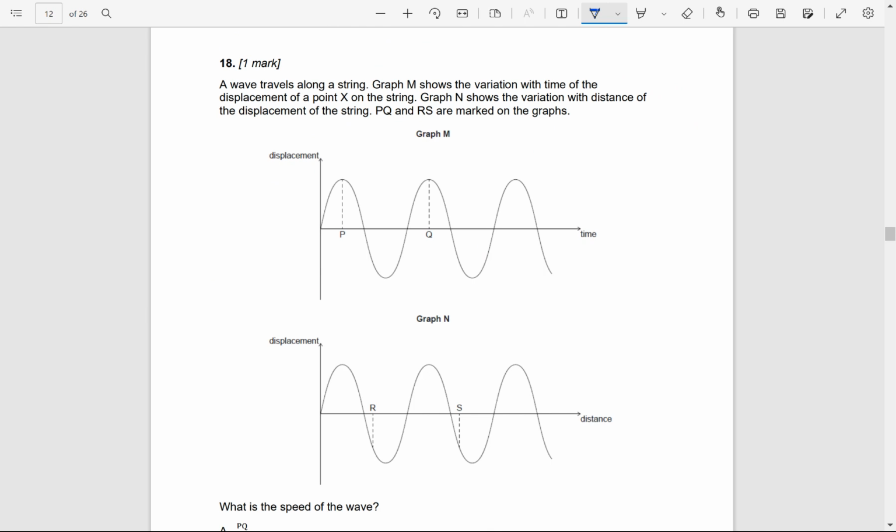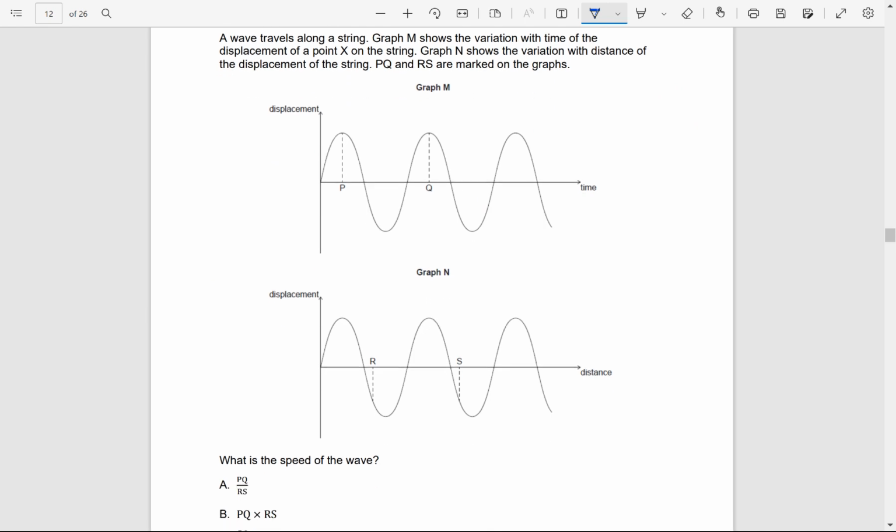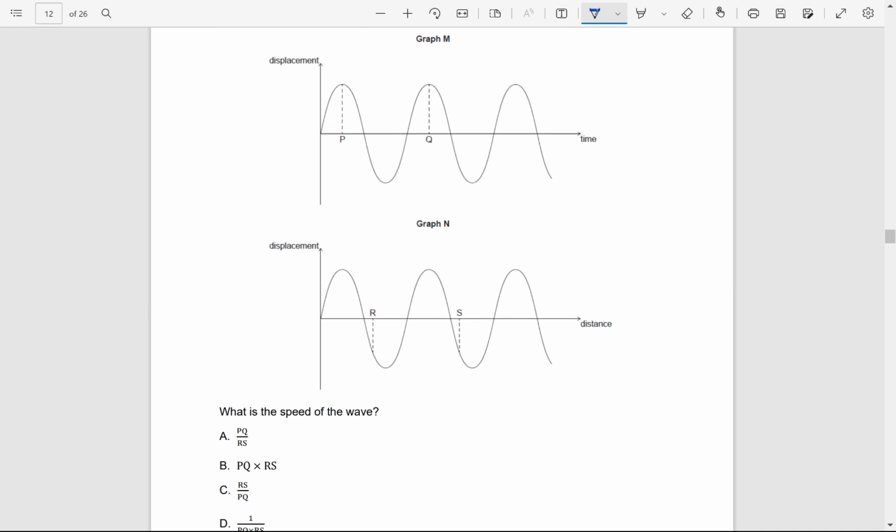Question 18 is looking for the speed of the wave. Okay, so speed is distance over time taken. If we look at these graphs, the key difference here is the x-axis.